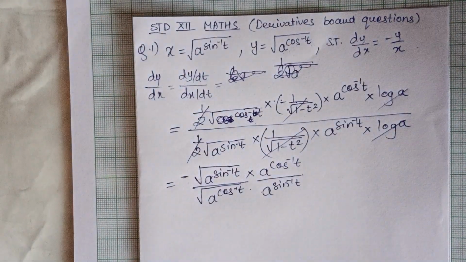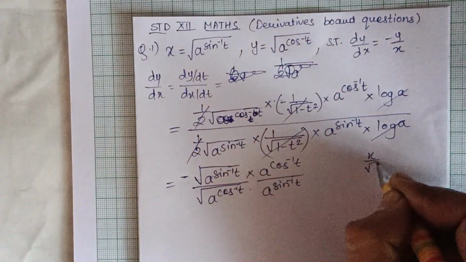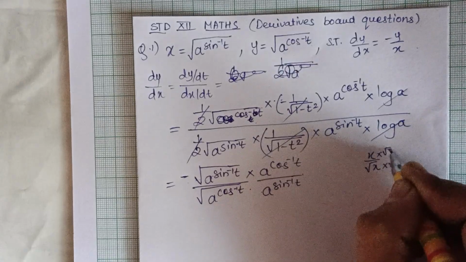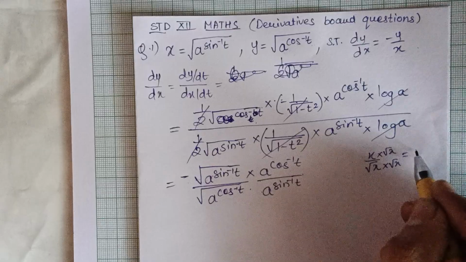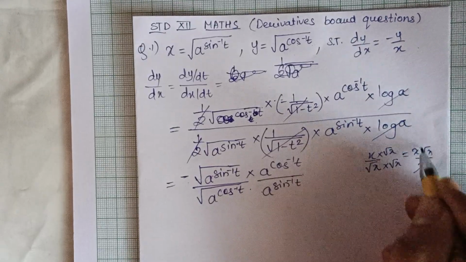Okay. So we want y by x. y is a raised to cos inverse of t and x is a raised to sine inverse of t. So whenever you have x upon root of x, then we write this as root of x into root of x. Okay. So this we can write as x root x upon x.